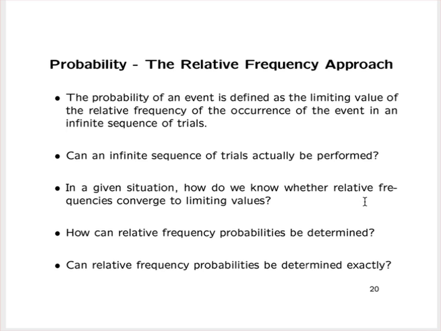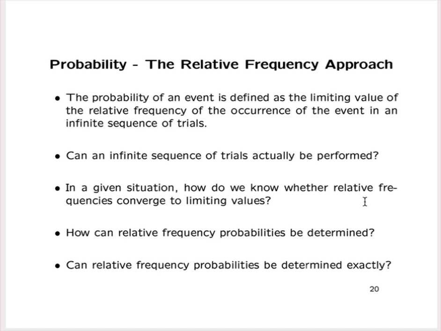For example, if you said in answer to the second bullet point that from a practical standpoint, we can never perform an infinite sequence of trials, we can never flip a coin an infinite number of times, then if we wanted to talk about the probability of getting heads, how would we be able to tell whether the relative frequencies converge?